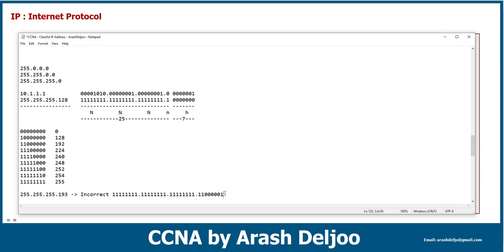As you can see, with this subnet mask we say that the first 2 bits of the last octet are the network bits, and then we have 5 host bits, and after that again we have 1 network bit. You know that this is not possible. Because of that, in a subnet mask you will have only these values: 0, 128, 192, 224, 240, 248, 252, 254, and 255.